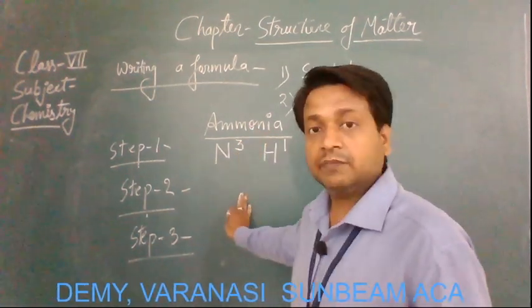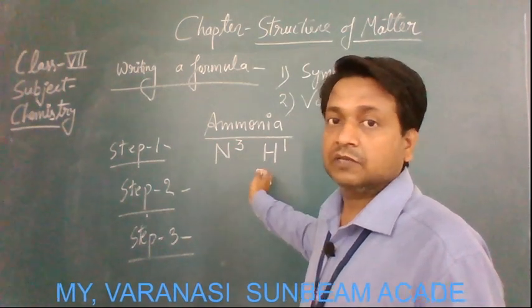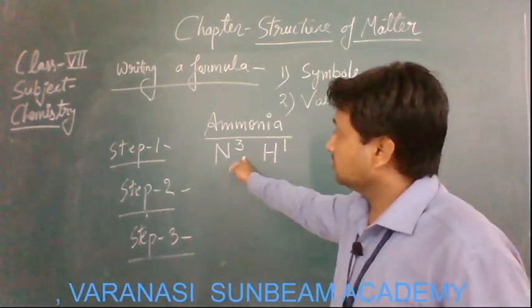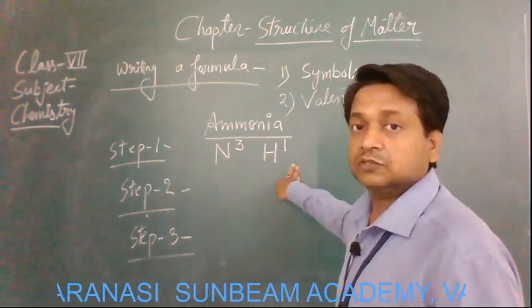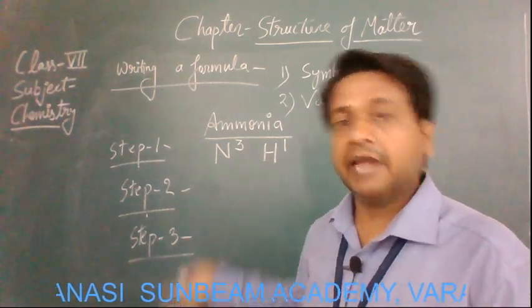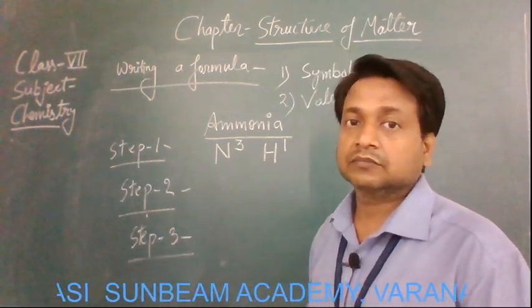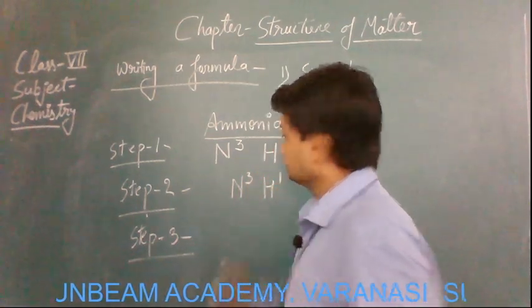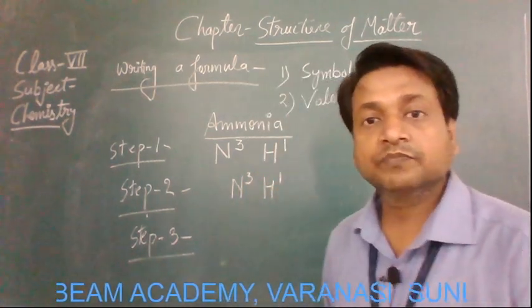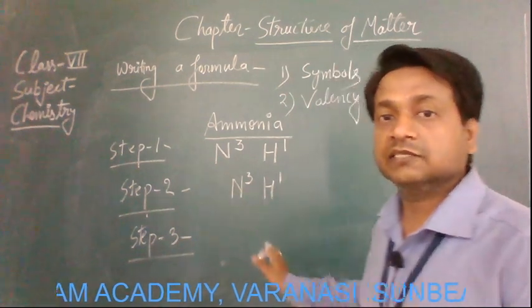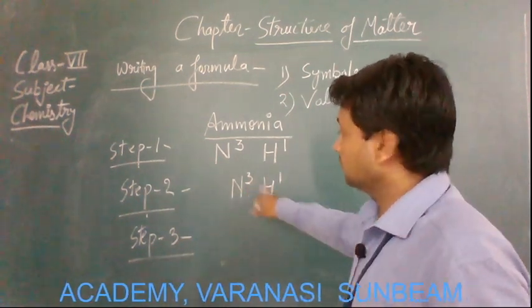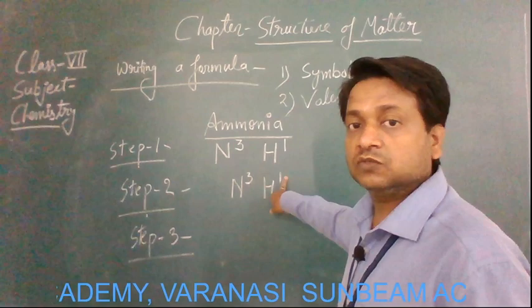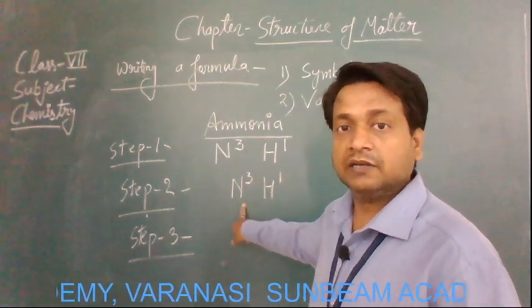Now the second step, simplify them. The valencies are 3 and 1, so the common factor will be 1 and they remain the same. Now in the third step, we exchange these valencies. The 3 will come to the H and this 1 will come to the N, nitrogen.